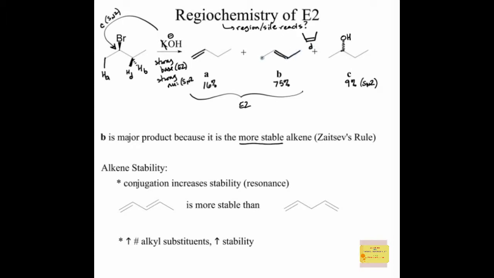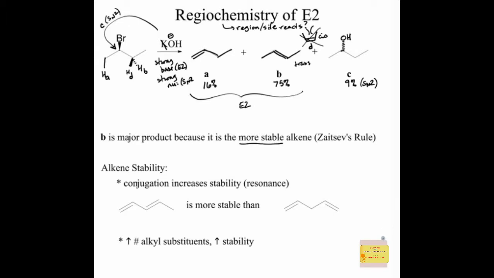Why is that the major product? Let me fill these in. Looks a little better. Why is B better than D? Well, this is cis versus trans, and the cis is going to have some steric hindrance, so that's definitely going to be less stable than the trans. So that explains why no D was formed, even though it's a possible product.